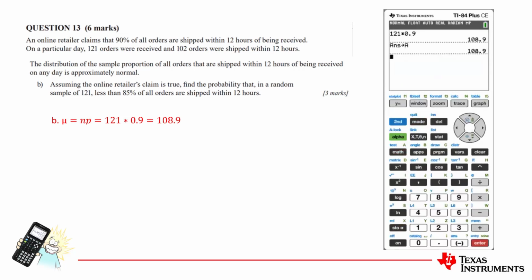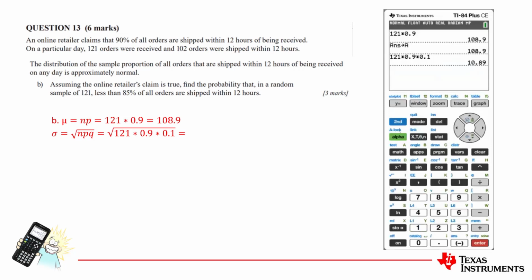We then need to find the standard deviation. To do that, we're multiplying the number in our sample times our population proportion times our not population proportion. So in this case, we've got 121 times 0.9 times 0.1. That's 10.89, which is the variance.